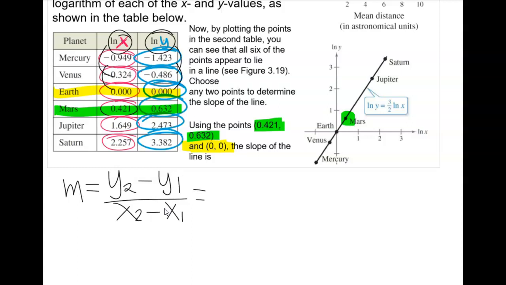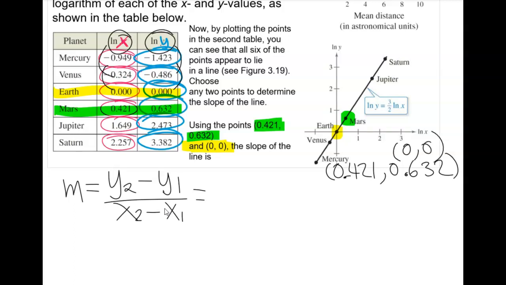So we're going to be using the point 0.421 comma 0.632, and then we're using the point 0, 0 because that is Earth right here. And so that's pretty easy to compute.